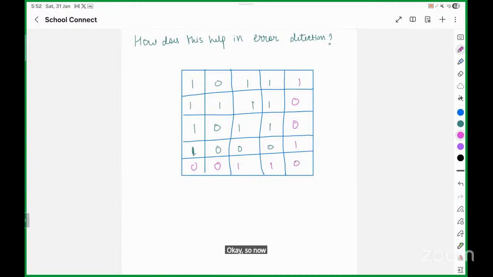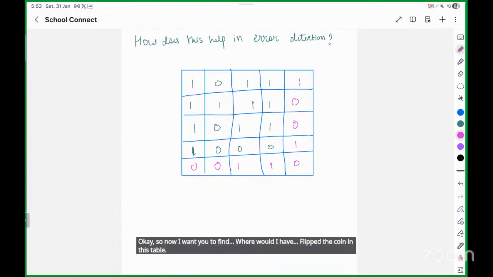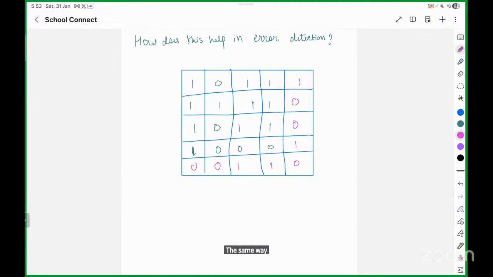So now I want you to find where I would have flipped the coin in this table, the same way which we have done before. Can you find? You can write your answers in the Menti and I can check.